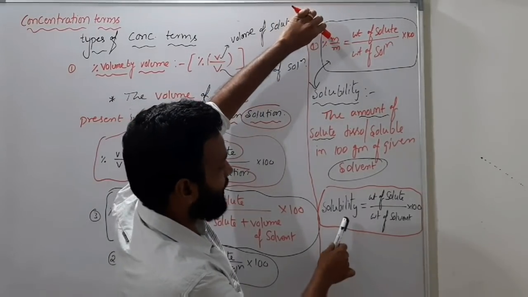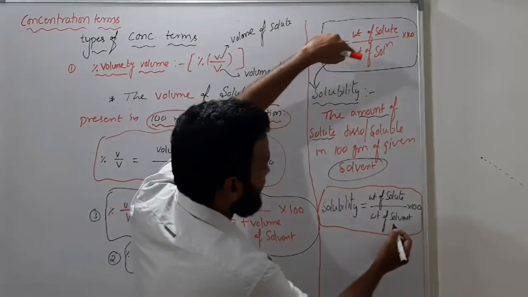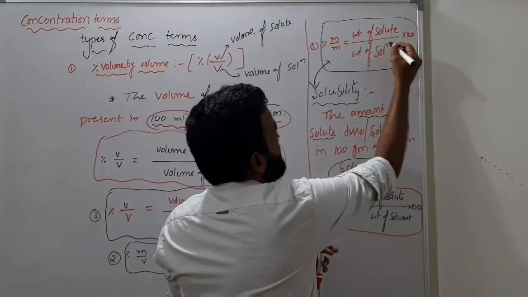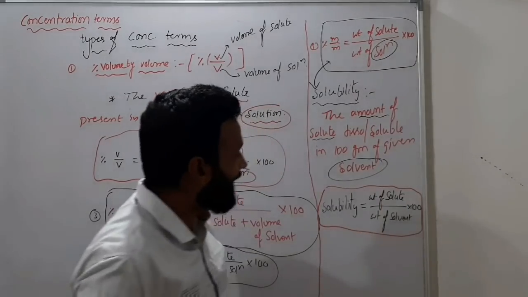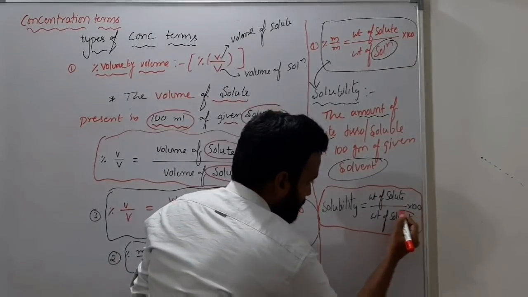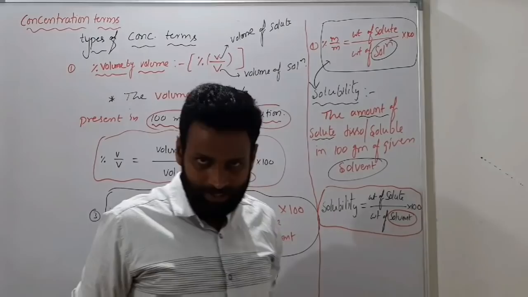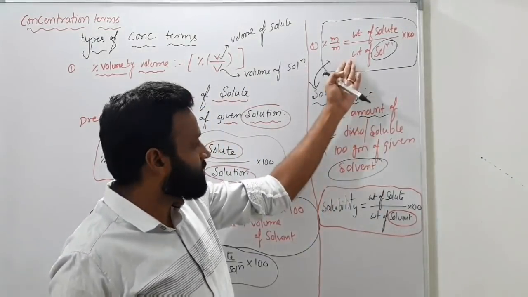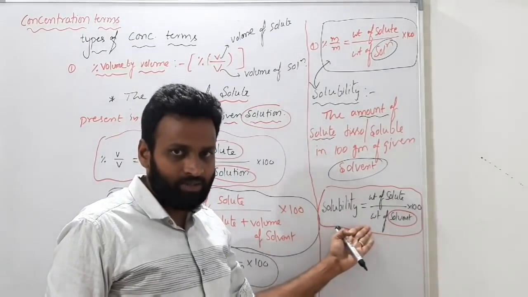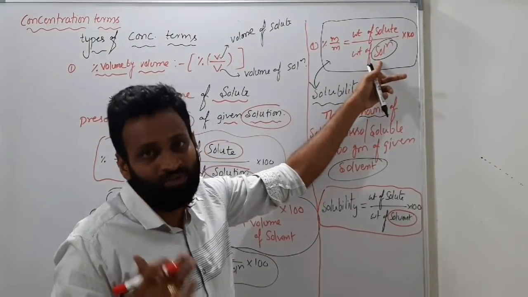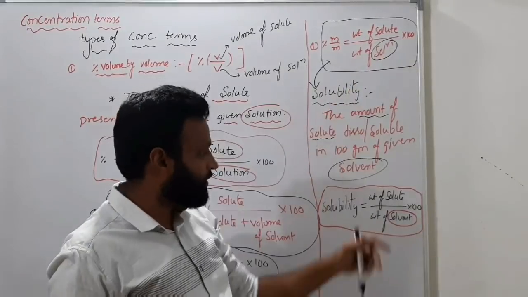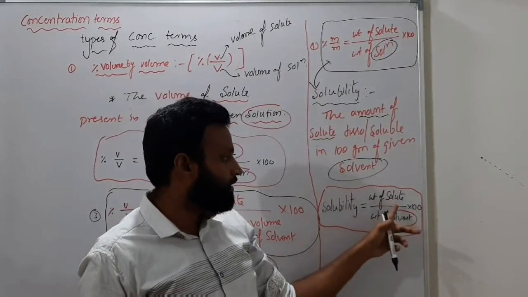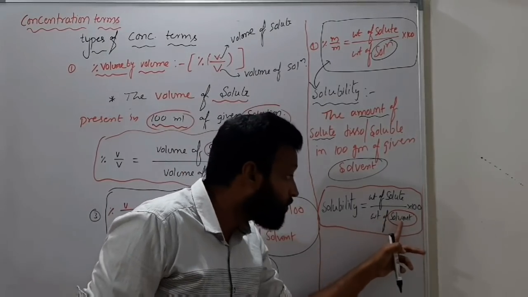Only the denominator. In percentage M by M you have weight of solution, whereas in solubility you have weight of solvent. That is the only difference.